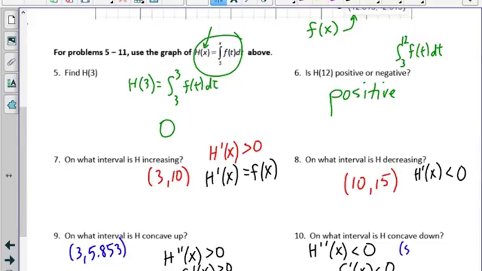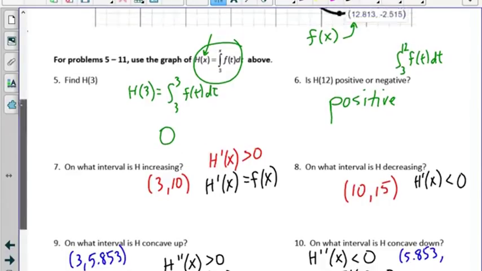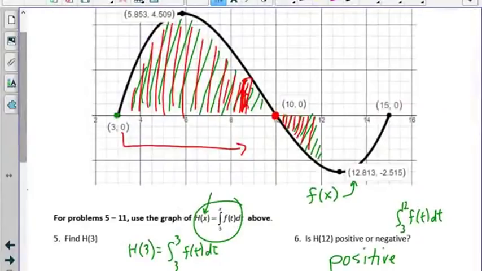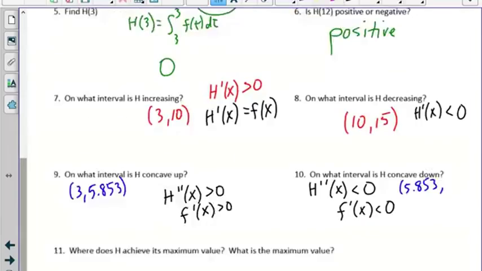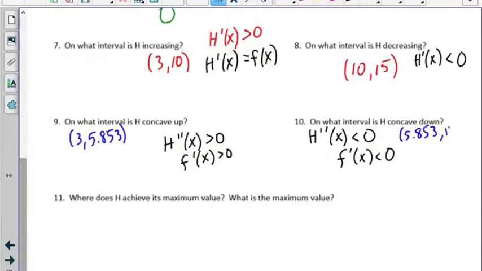And then from 5.853 until 12.813 we are concave down, and then we're concave up again from 12.813 to the end of the interval, which is at 15.